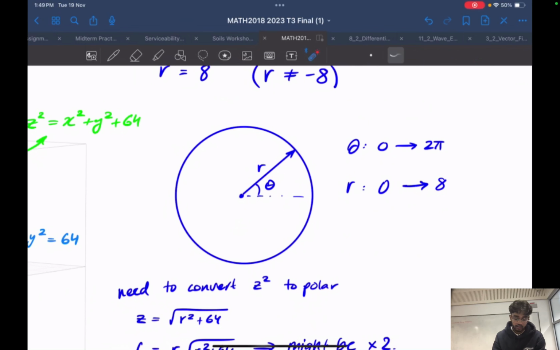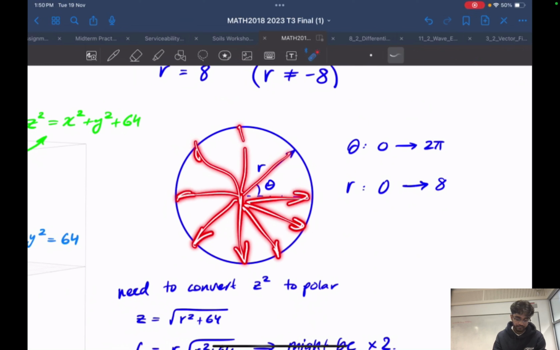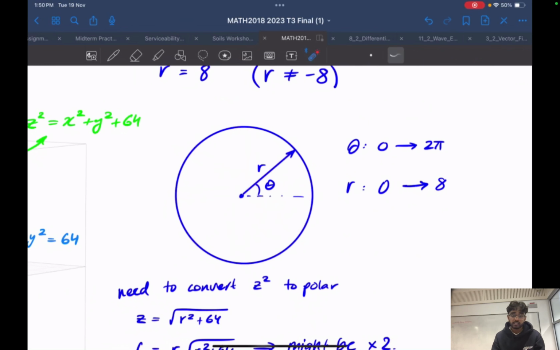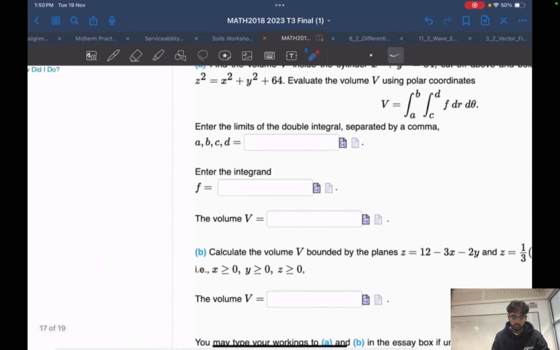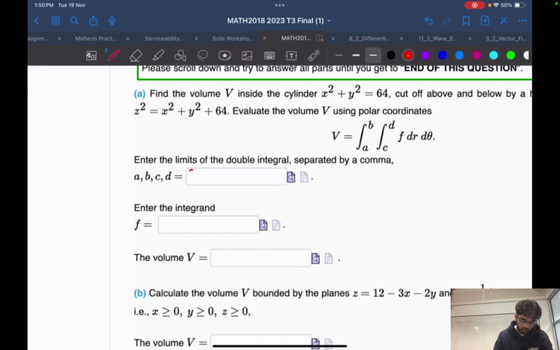And for theta, r can go around the whole circle, so theta is from 0 all the way around to 2 pi. So the lower limit for theta is 0 and the upper limit is 2 pi. The lower limit for r is 0 and the upper limit is 8. So that's what I've done over here: 0, 2 pi, 0, 8.